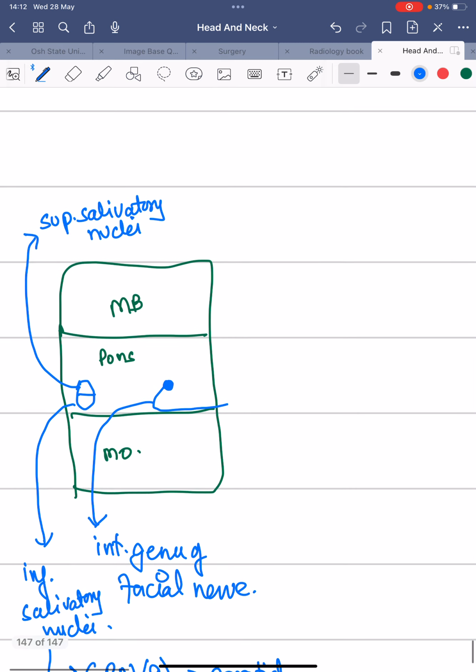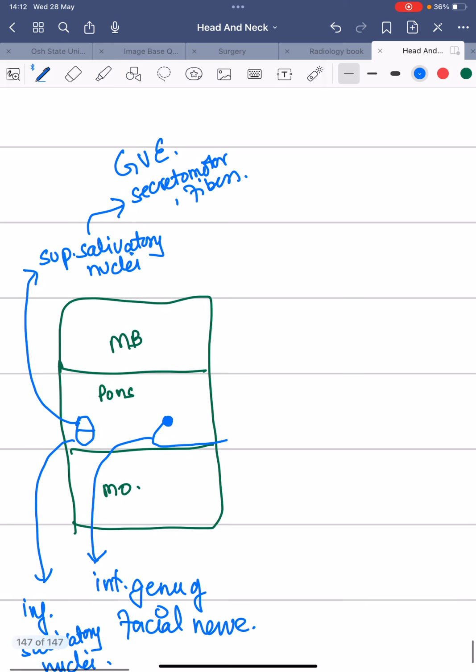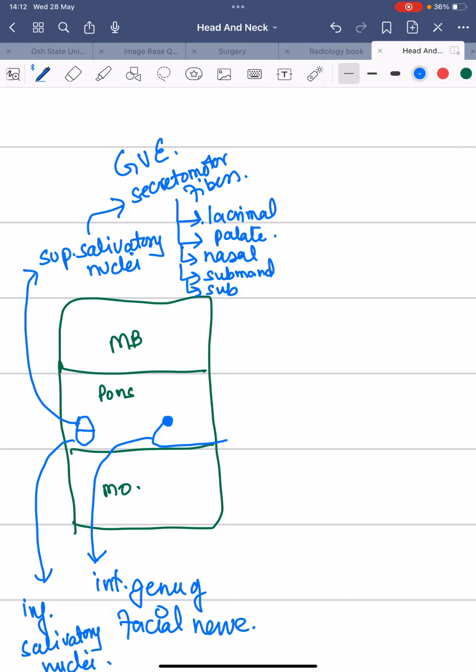Through superior salivatory nuclei, it is giving the secretomotor fibers that are your GVE. Okay, these fibers it is going to give to the lacrimal gland, to the palate glands, nasal glands, submandibular glands, and your sublingual gland.